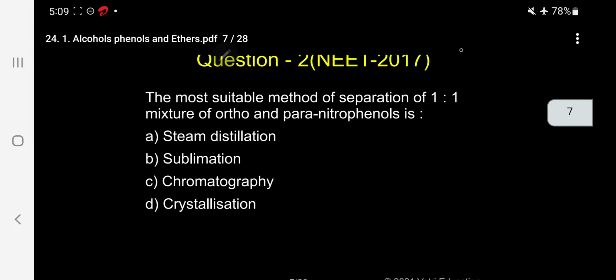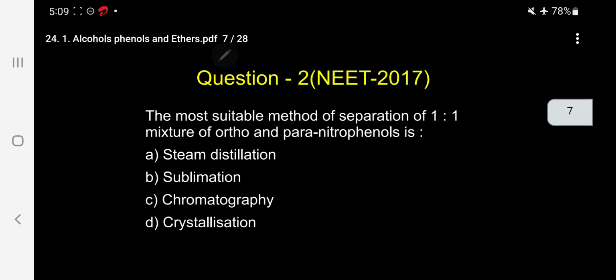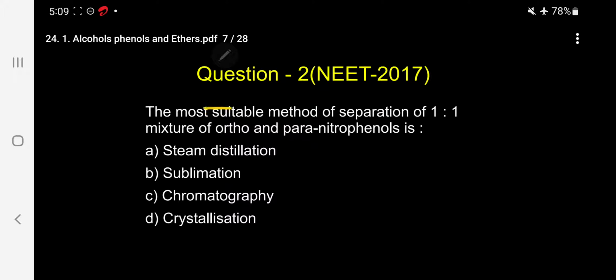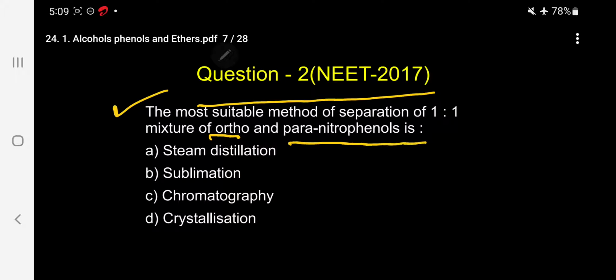Question number 2. This question was asked in NEET 2017. The most suitable method of separation of a 1:1 mixture of ortho and para-nitrophenol. Please follow.